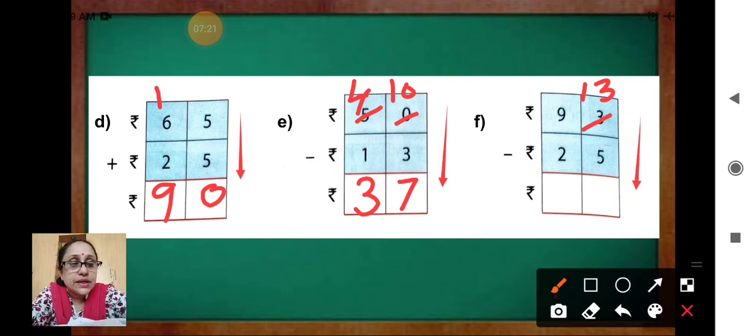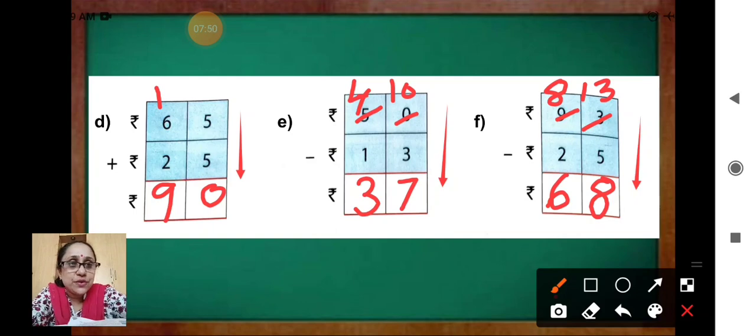What did you get after subtracting? 8. Correct. Now this 9 minus 2. So cut 9. 1 less than 9 is 8. And 8 minus 2, 6. Rupees 68. Correct? You can do it.